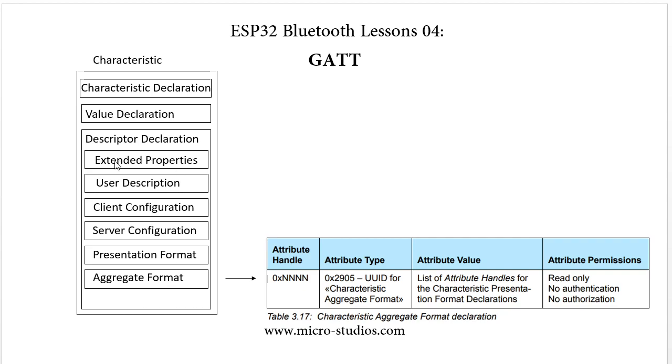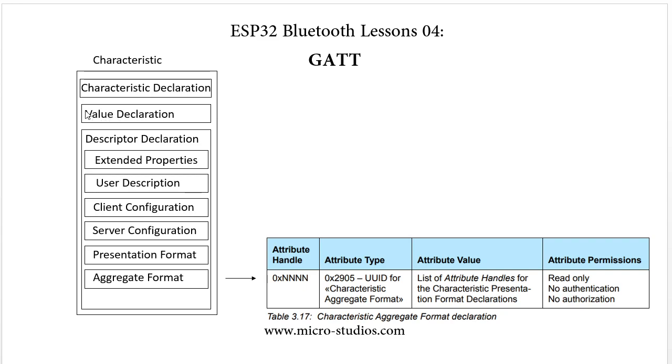Some of these 6 parts are optional. These 6 parts are for the descriptor declaration. It has more information for our characteristic value.